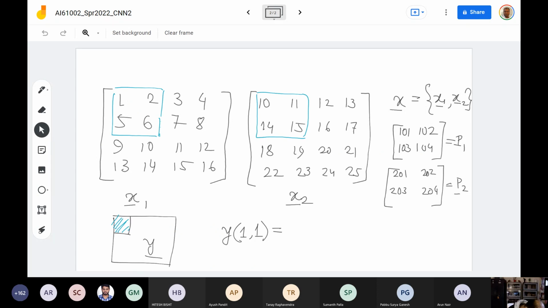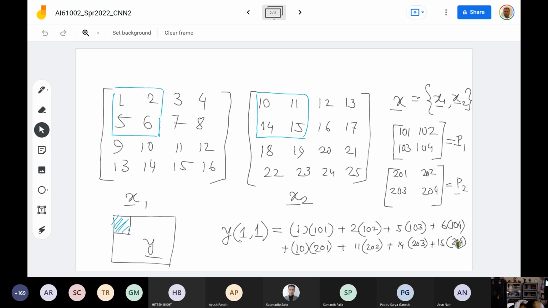It will be 1 into 101 plus 2 into 102 plus 5 into 103 plus 6 into 104, plus 10 into 201 plus 11 into 202 plus 14 into 203 plus 15 into 204. Now tell me, what is this value?